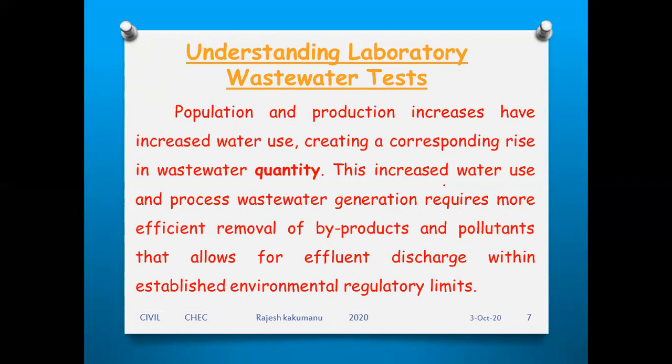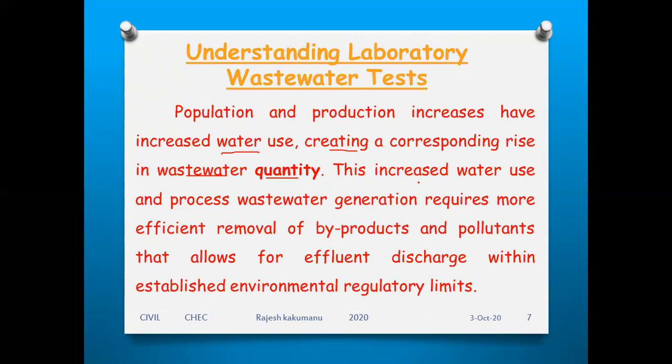At the same time, population is also increasing day by day in every locality. Thereby water consumption is also high, therefore creating a corresponding rise in the wastewater quantity. So as water consumption increases, our wastewater quantity also increases, right?